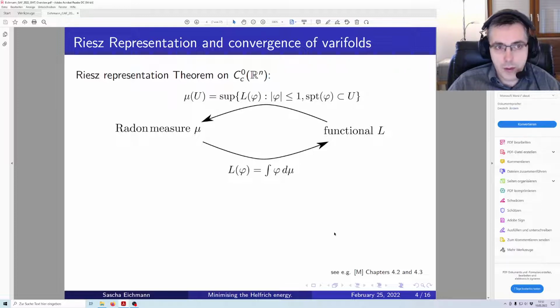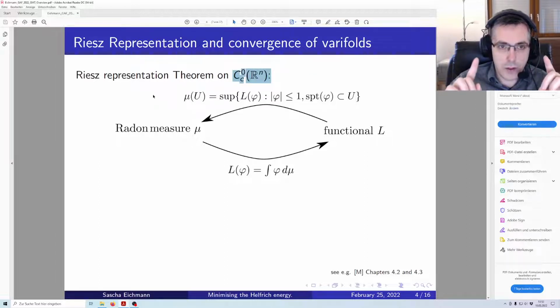By the so-called Riesz representation theorem. This is a theorem which works on the set of continuous functions with compact support, and it establishes a one-to-one connection between the Radon measures and the linear continuous functionals on this set over here.